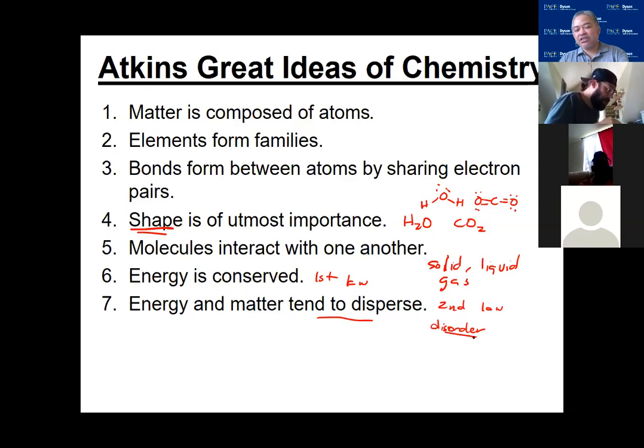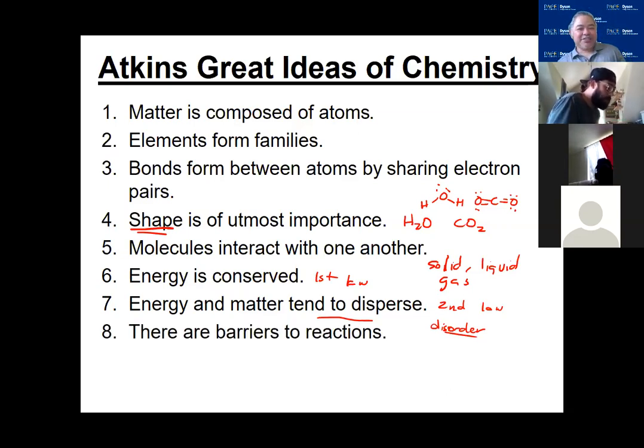If you look at the world around you, it's hard to have order compared to disorderliness. People tend to be chaotic. So the same thing with energy and matter. Okay? They tend to disperse, or the entropy is high. So when entropy is high, there is much higher disorderliness.